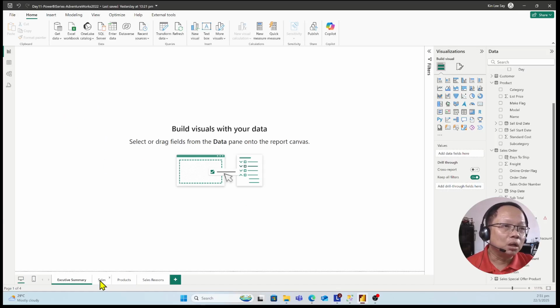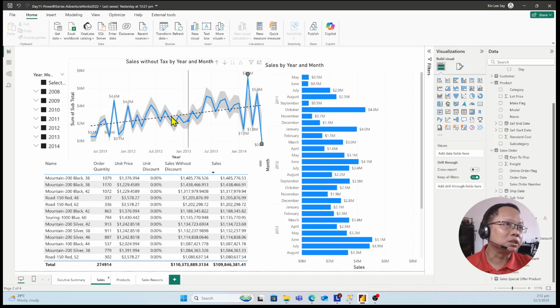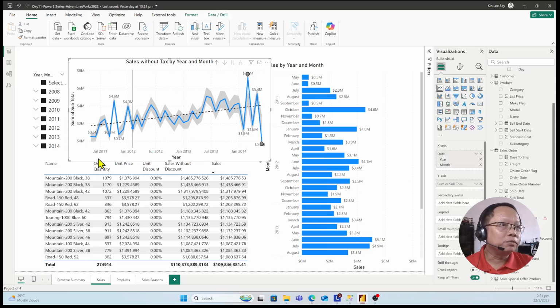I've also played around to ascertain some data and get my understanding correct, facts right, and checks on the data structures and the data in the tables, especially on the sales. So this is the line graph with the time series here, with the month and the year.